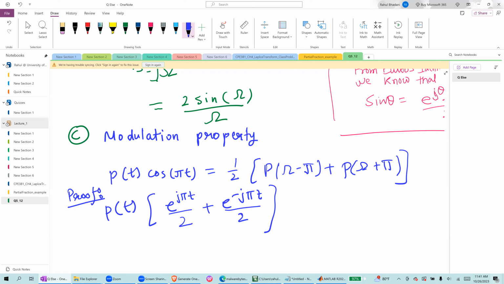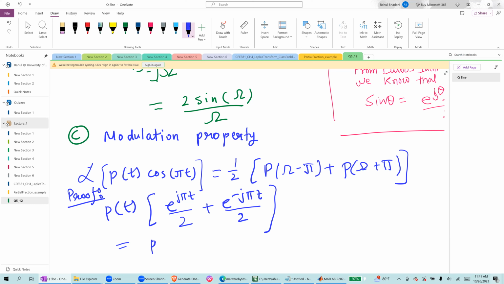Equal to P of t, so I wanted to write this. Basically, we take the Laplace transform.